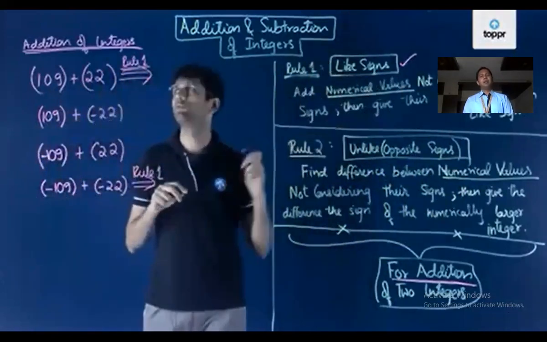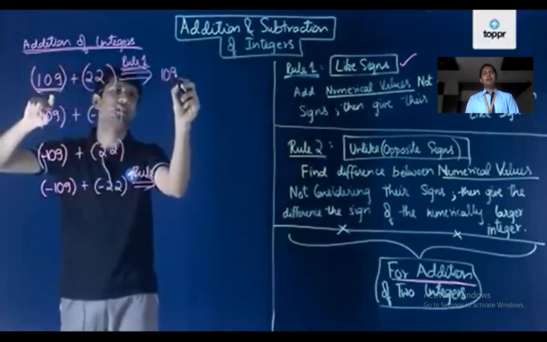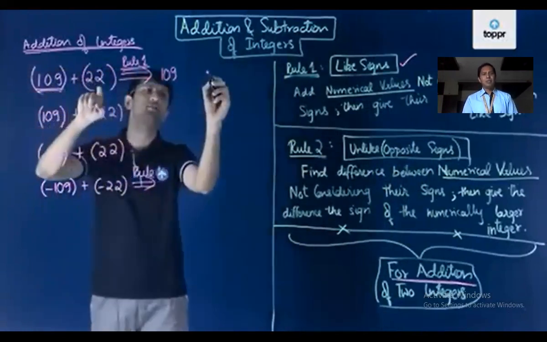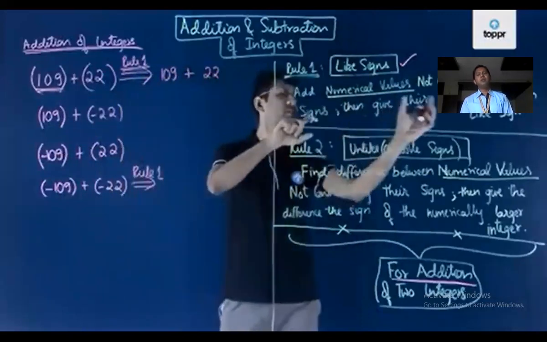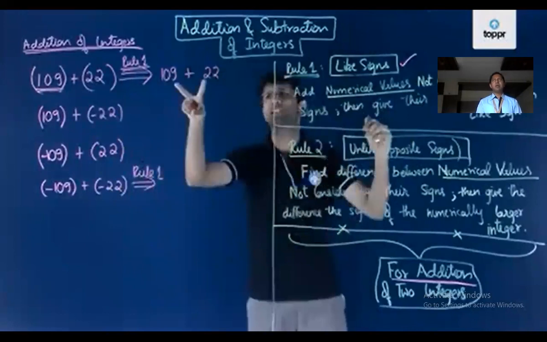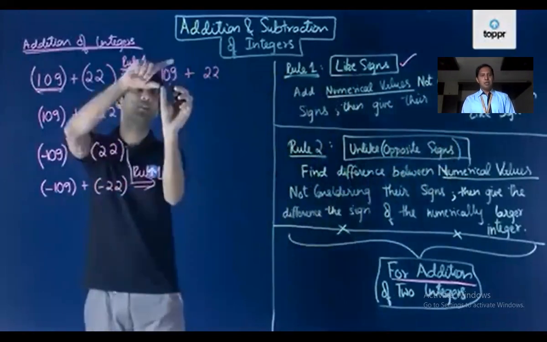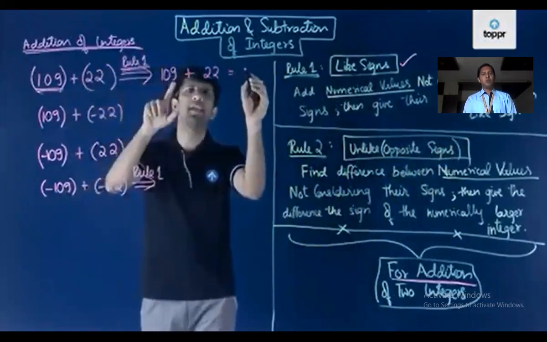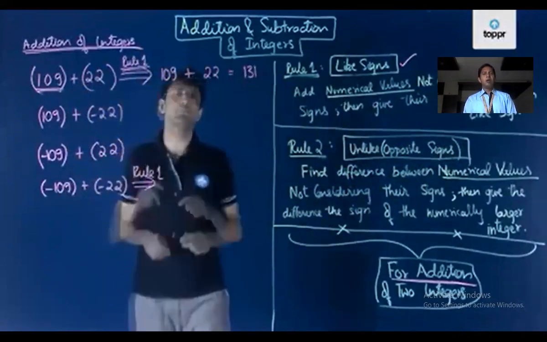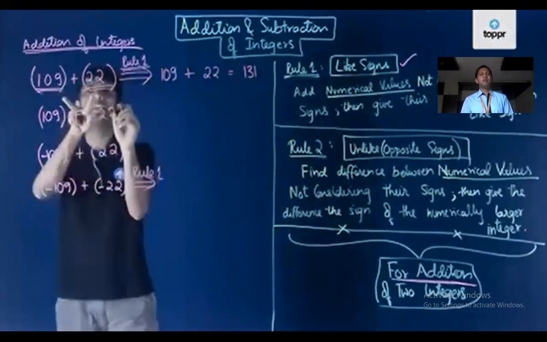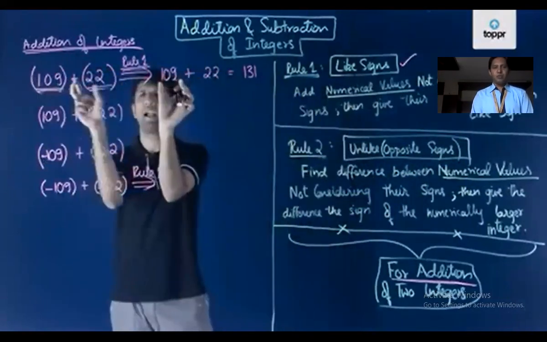We write 109 as it is, plus 22, and add these two numbers. The sum is 131. As both numbers are positive, the sign remains positive. We don't usually write the positive sign, so the answer is 131.